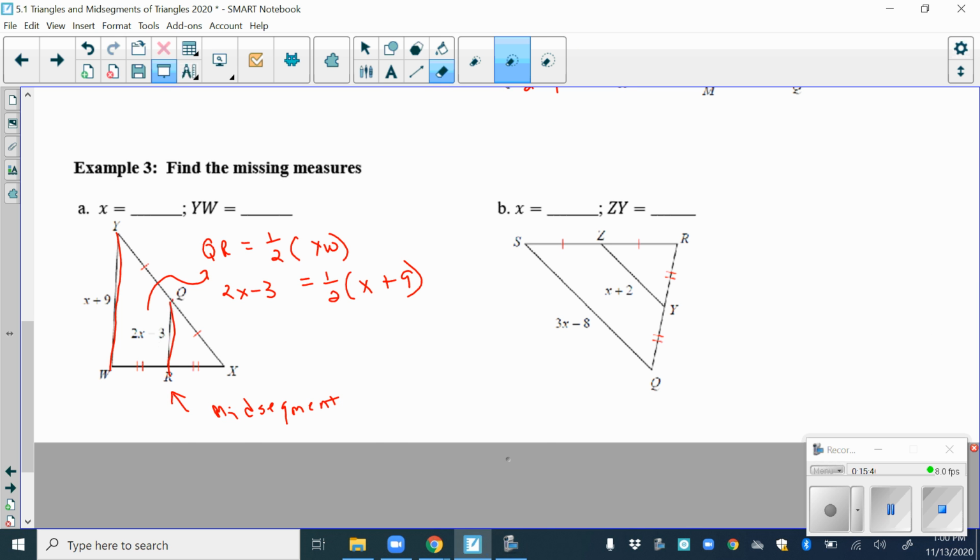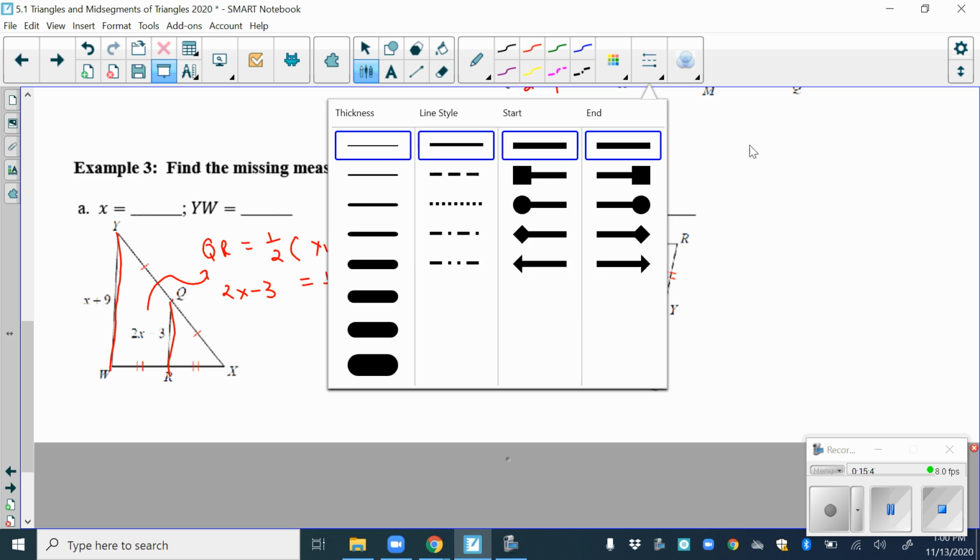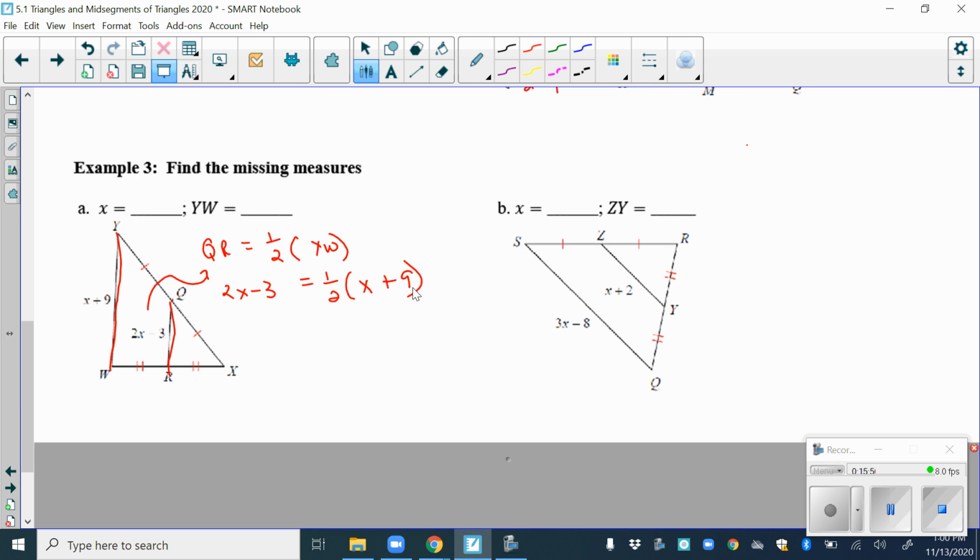Now, to solve this equation, you could apply the distributive property and multiply 1/2 times x and 1/2 times 9. And if you do that, you're going to have fractions, you're going to have decimals. I would not do that. If this is half as long, 1/2 times, what you can do is multiply times 2 on each side of the equal sign. Because then if you take 1/2 times 2, those undo each other and it cancels out.